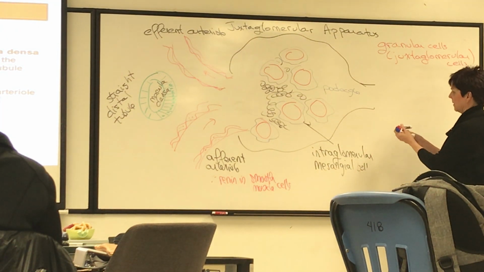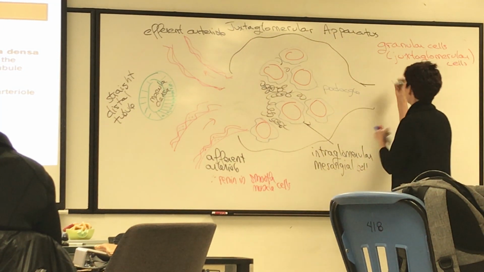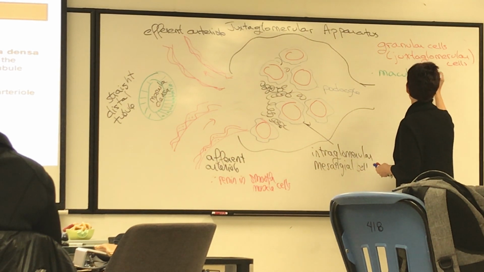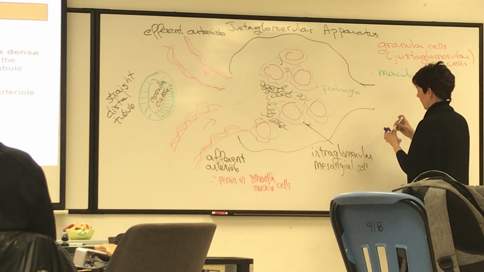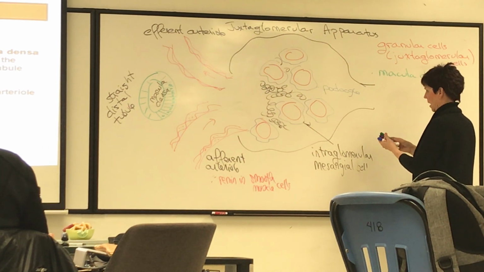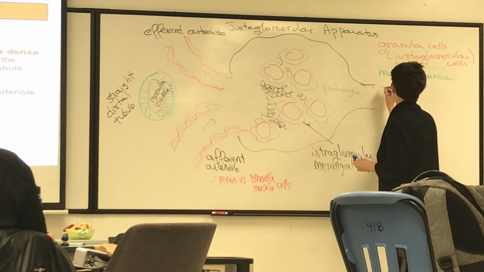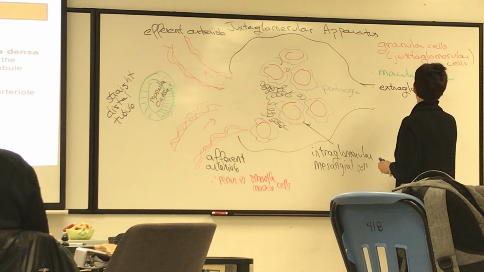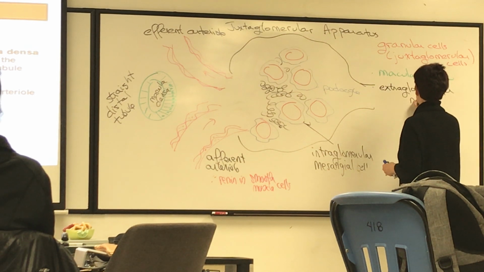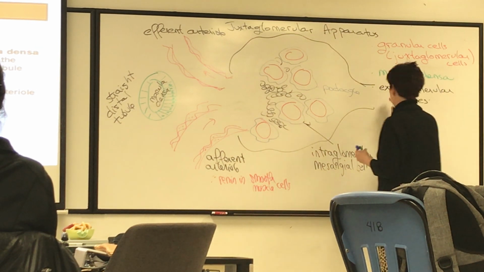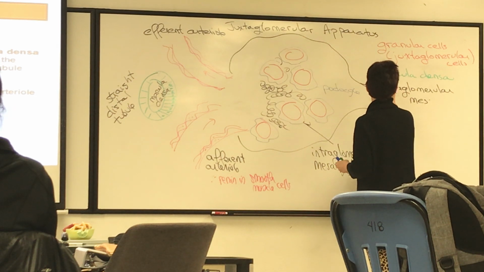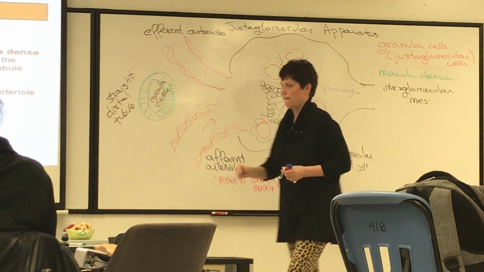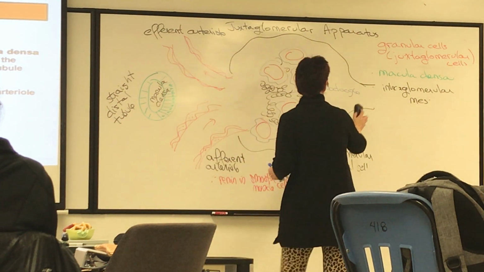Let me update what makes up our juxtaglomerular apparatus here. The granular cells, the macula densa, the extraglomerular mesangial cells. So I think this is probably not going to be on this test. There are extraglomerular cells, but nobody knows what they do yet.